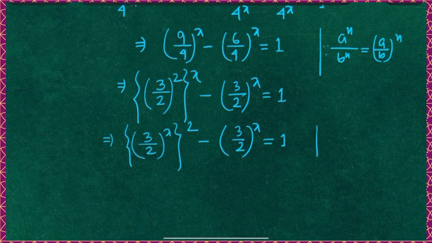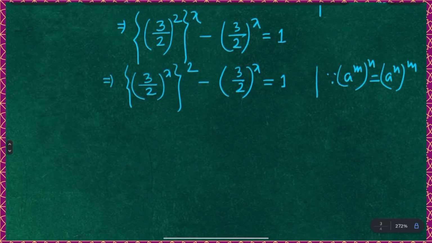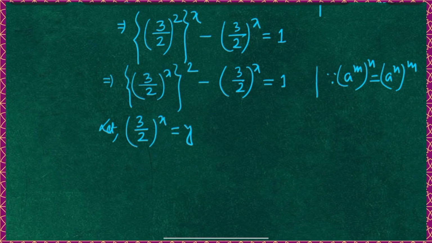As we know, (a to the power m) whole to the power n can also be written as (a to the power n) whole to the power m. Then we take (3 by 2) whole to the power x as y. Clear?